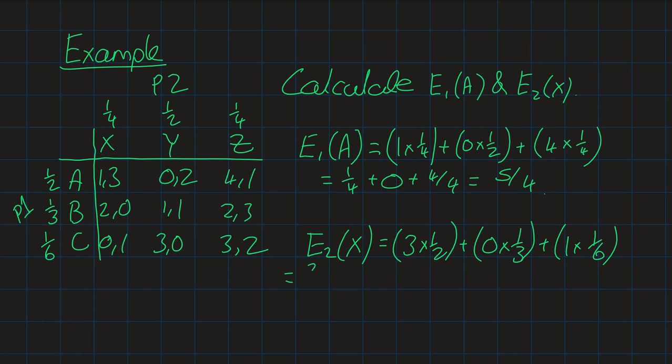Simplifying this is 3 halves plus 0 plus 1/6. I don't know how good you are adding fractions; I'm not very good. So I can make the denominator 6 on both of these, so that would be 9/6 plus 1/6, which is 10/6. And that's the answer. That's these two expected payoffs for this game.